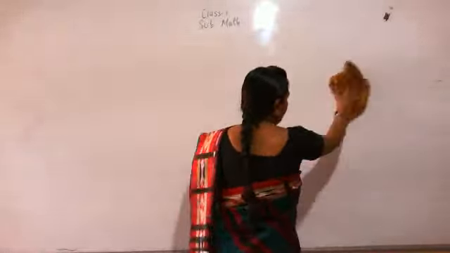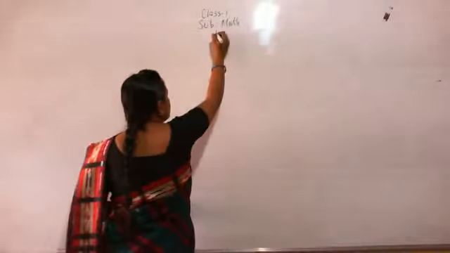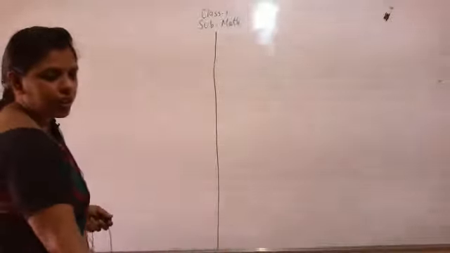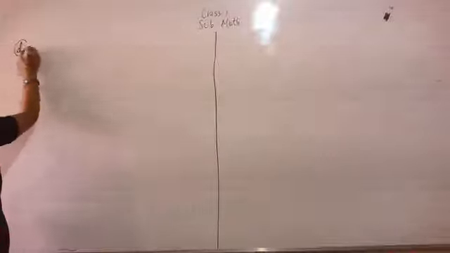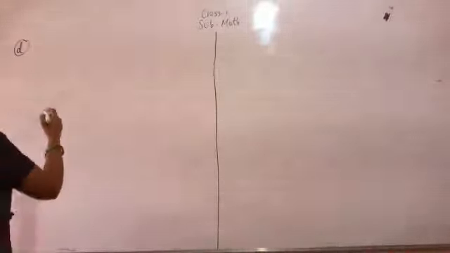Now the D. No need to draw the line. Okay. Don't draw this line. Now the next question, D. Again draw the flower.